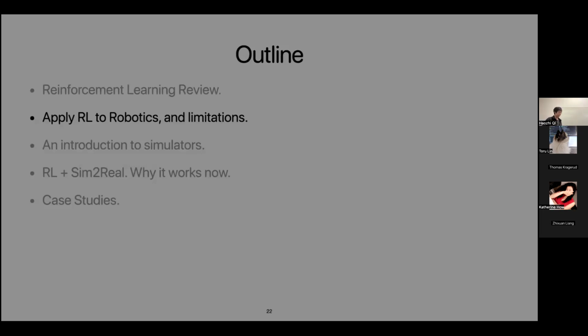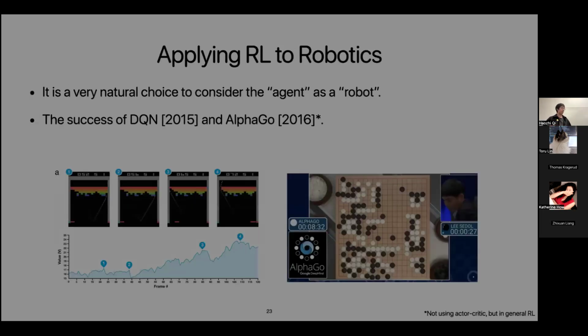Okay. Next, we are going to talk about attempts at applying RL to robotics. When I first saw this formulation of the Markov decision process, I think it was a very natural choice to consider the agent to be a robot that interacts with our environment. And of course, using RL for robotics has been studied for more than 40 years. But a key moment in the development of deep RL was the success of DQN in 2015 and AlphaGo in 2016.